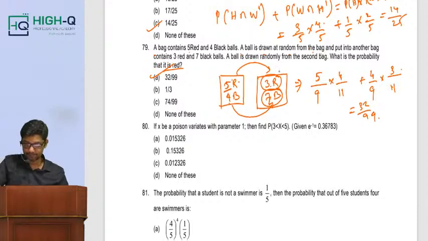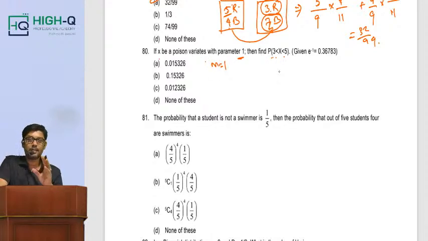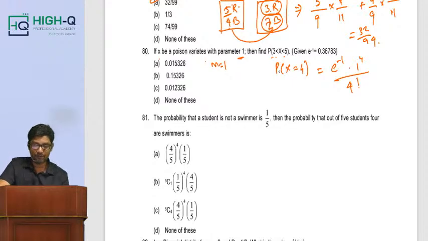That's it. Next, x is a Poisson variate with parameter 1, that means m equal to 1. P of x is between 3 and 5. Look at this, my dear. X cannot be integer or something, it should be a natural whole number. So they ask you to find out P of x is equal to 4. Simple question. E power minus m into m power x by x factorial, which is nothing but e power minus 1 divided by 4 factorial, my dear.